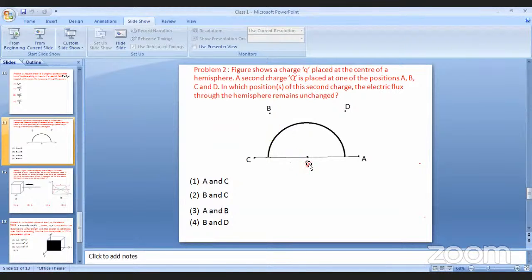Now can anyone tell me what is the answer for this question? By a little bit of common sense and the Gauss theorem, you can easily tell the answer. Can anyone tell me? You can unmute yourself and talk. At which positions should the charge capital Q be placed so that the electric flux through the hemisphere remains unchanged?